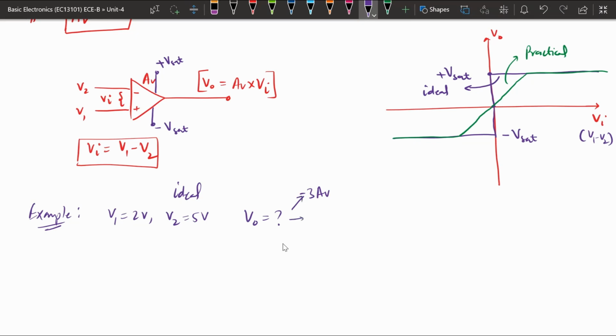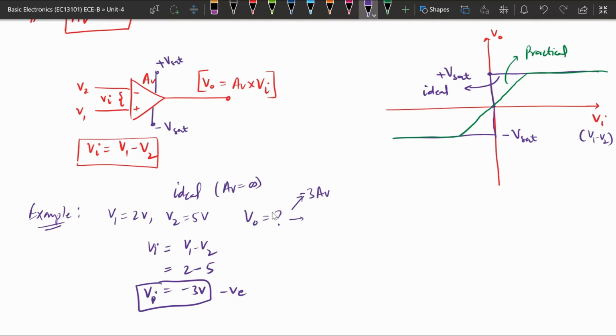So basically here it is an ideal one, so AV will be equal to infinity. Here V1 is 2 volt and V2 is equal to 5 volt; at that time by using the curve you can see. Here the input voltage will be V1 minus V2. So V1 is 2 volt and V2 is 5 volt, so it is minus 3. So that means Vin is negative.